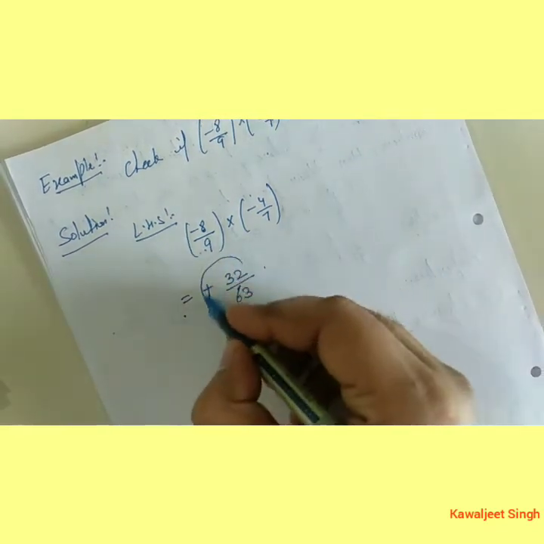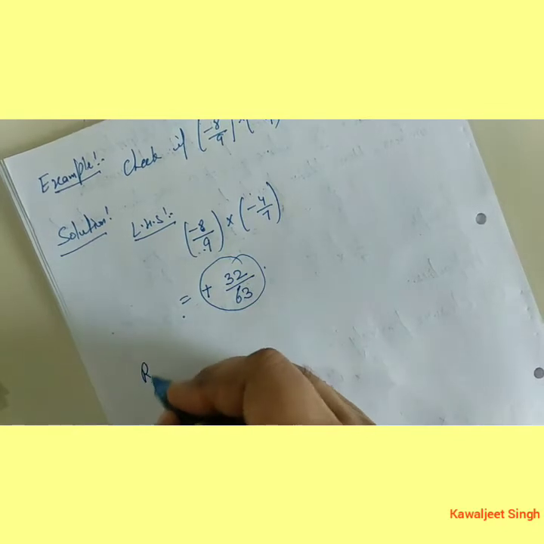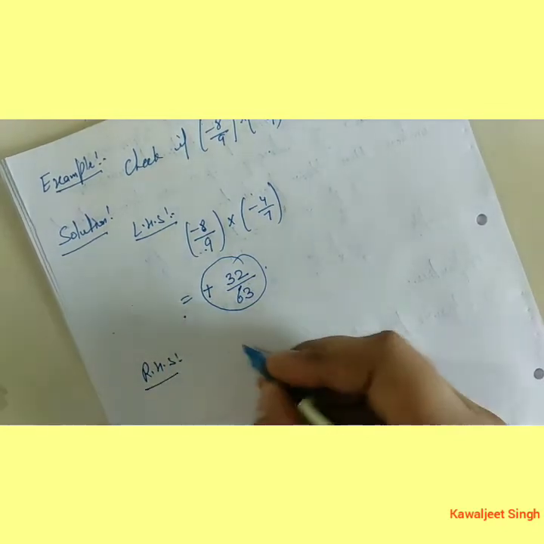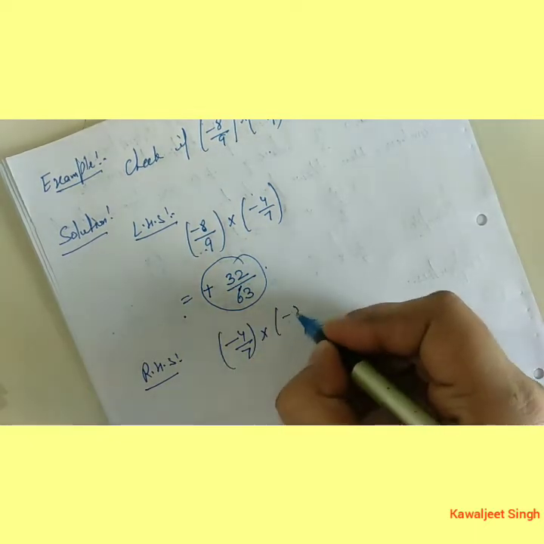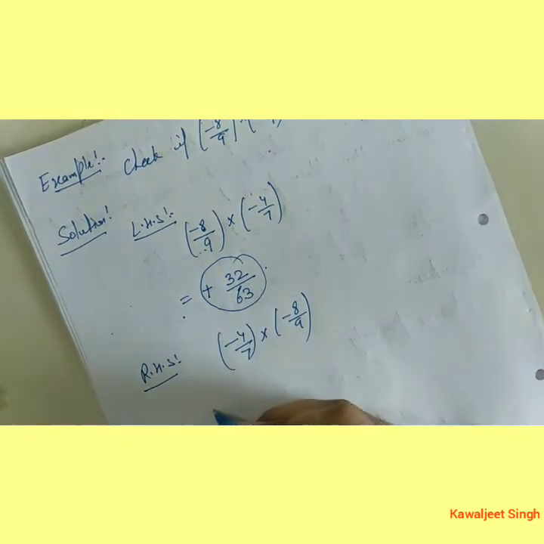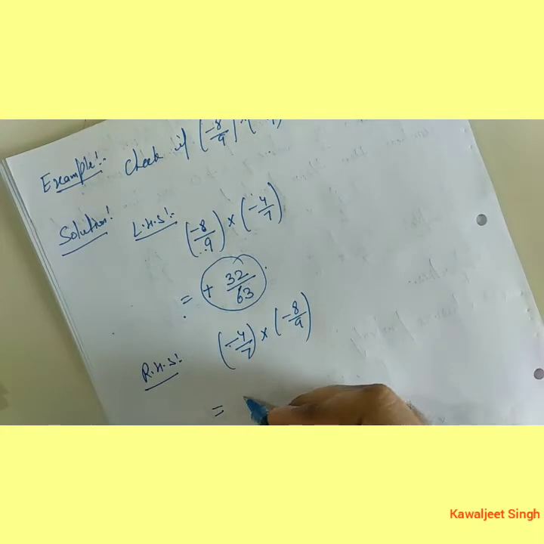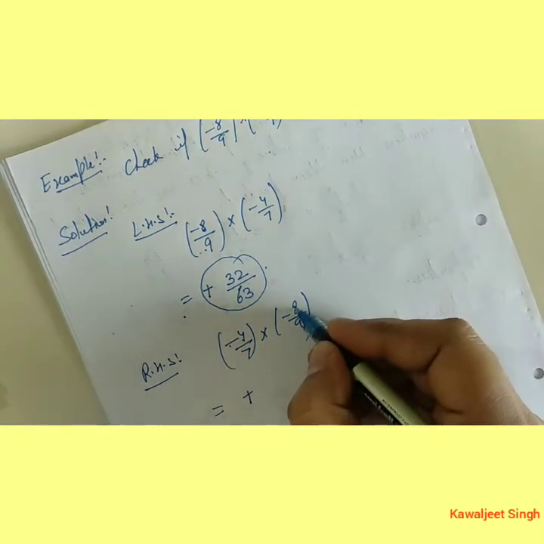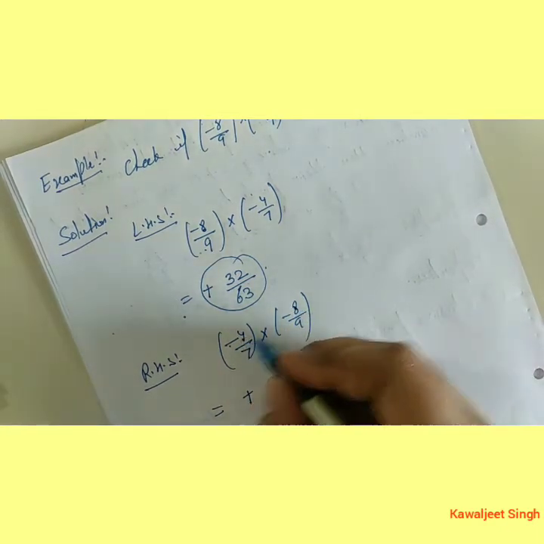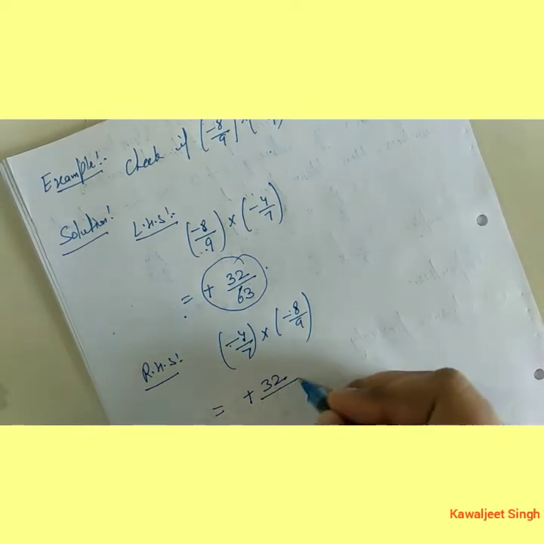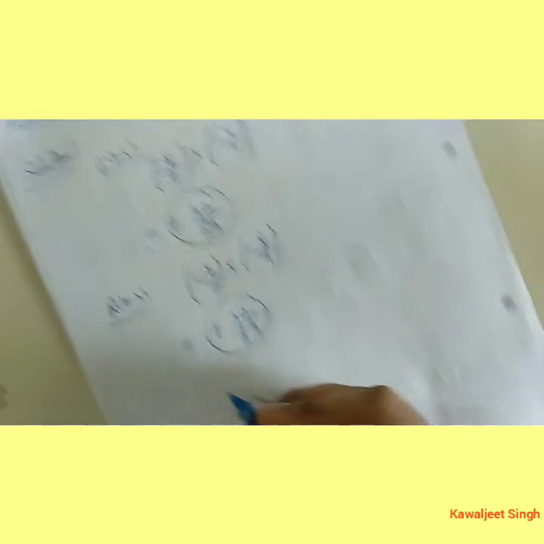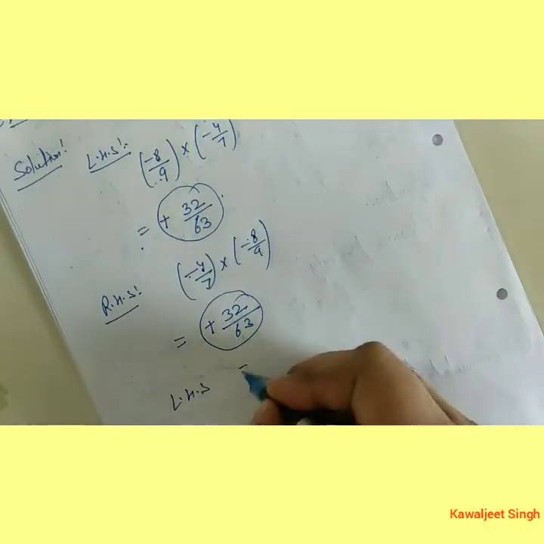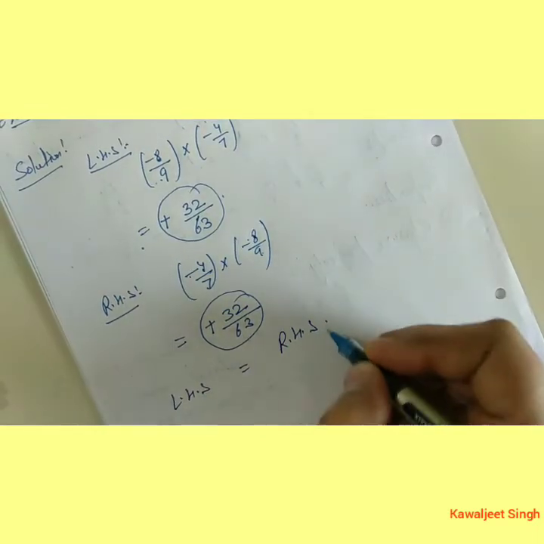Now this is our solution of left hand side. Now take the right hand side. Minus 4 by 7 into minus 8 by 9. In the same manner, minus minus becomes plus. 4 8s are 32. Now again 7 9s are 63. So check, left hand side is equal to right hand side.